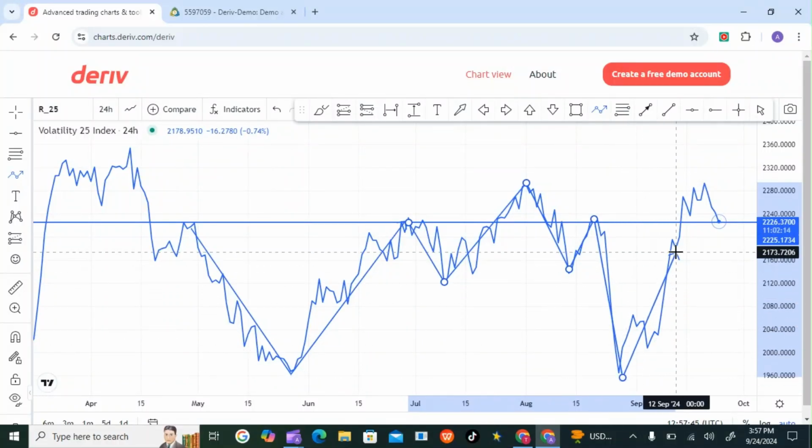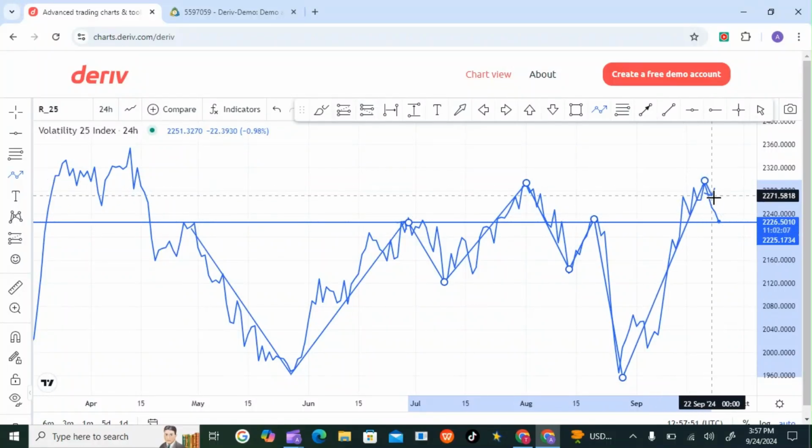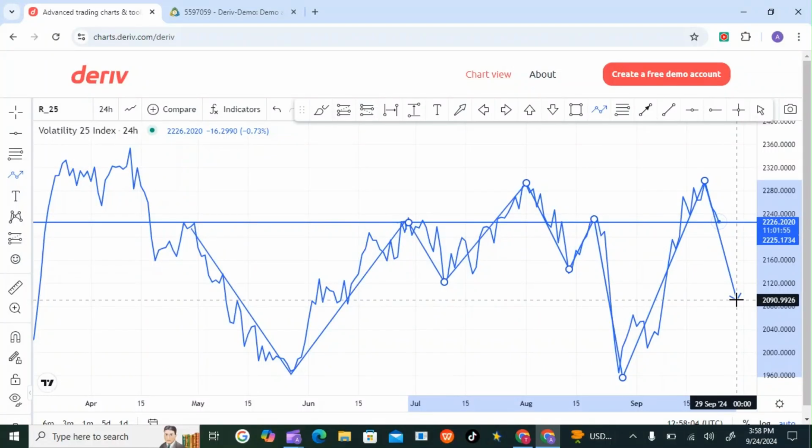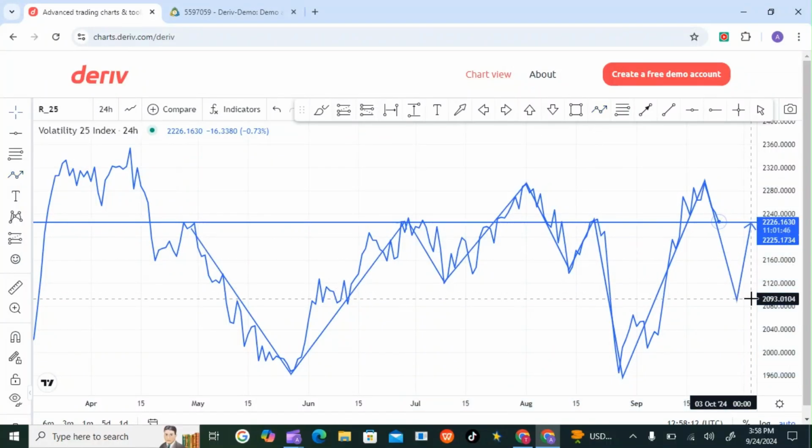So we have come up, we have crossed, we have broken it, and you see the market has reached there. Now it's about to come back. It's on that zone again. What do we expect? It either crosses slightly and repeats the same sequence, comes back, reaches there, and then proceeds down.